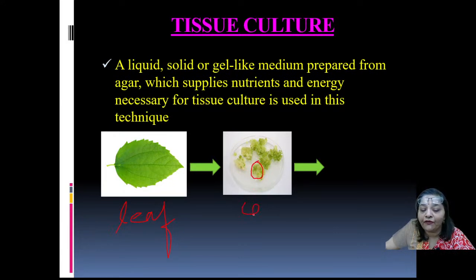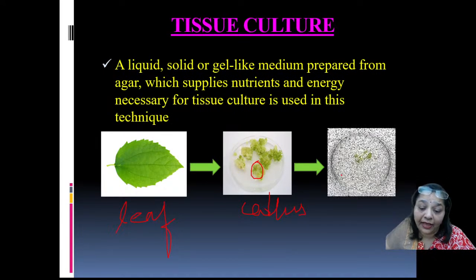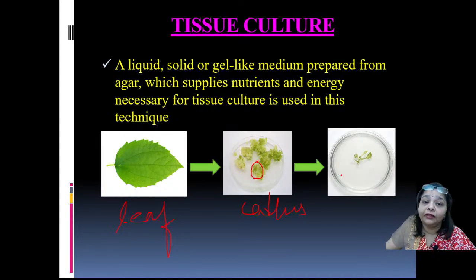So development of callus takes place in the agar nutrient medium, and when this callus is allowed to grow and multiply and form a new organism, that is a plant.